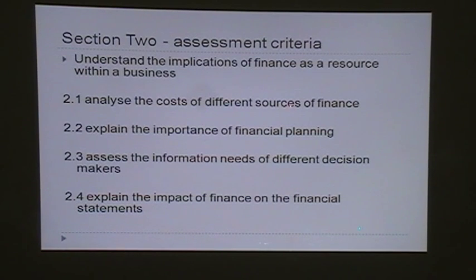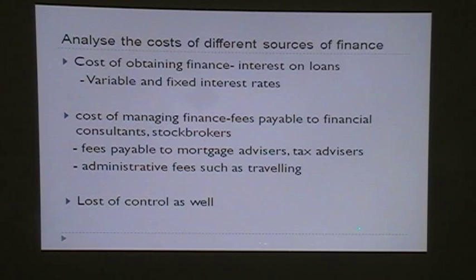Analyze the cost of different sources of finance. 2.2. Explain the importance of financial planning. 2.3. Assess the information needs of decision makers. 2.4. You are expected to explain the impact of finance on the financial statement. Let's move on to 2.1.